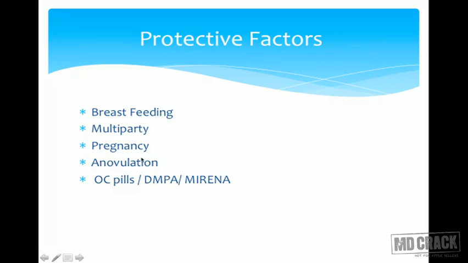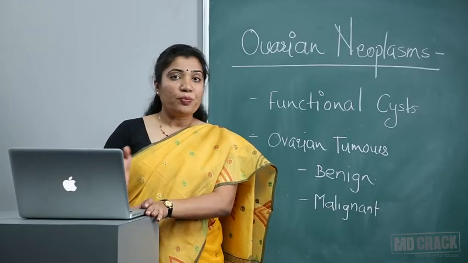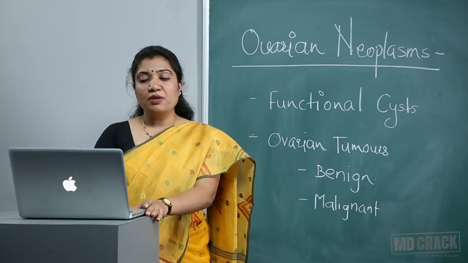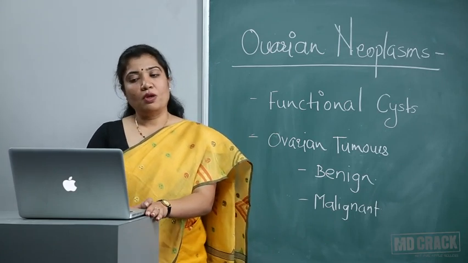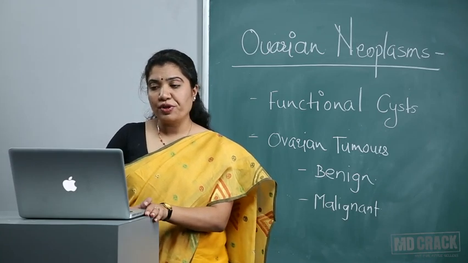Multiparity, pregnancy, anovulation, use of OCPs or DMPA, Mirena. Because of these, there is no ovulation or there is progesterone supplementation, and that acts as a protective factor for CA ovary.